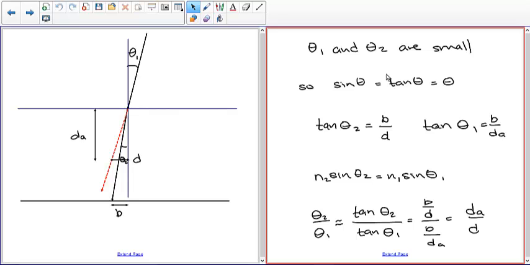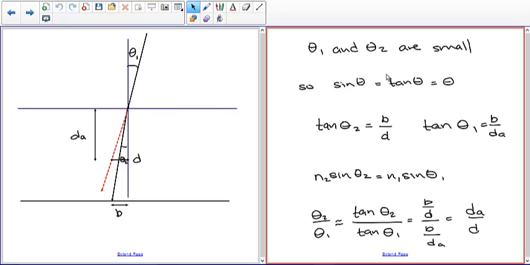And this approximation is used a lot. If you look at the derivation of the thin lens equation, we presented the results, but that derivation is done assuming that the angle is equal to the sine of the angle, or the tangent of the angle.